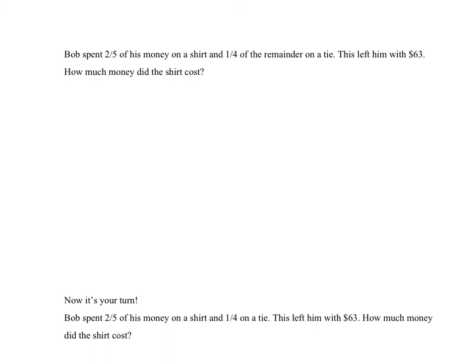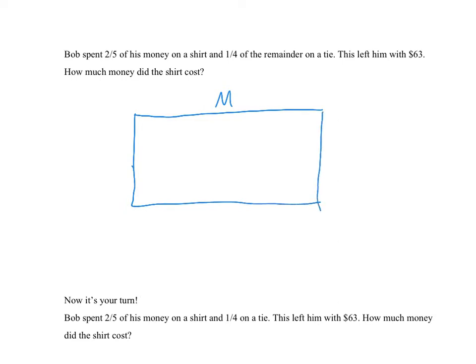Okay, so the whole in our case is again how much money. So you can just write down M for money if you like, and we'll draw our bar. Okay, and the first number we're given is 2/5. So 2/5 of the money is on the shirt. So we'll color code that in red, 2/5 of the money on the shirt.